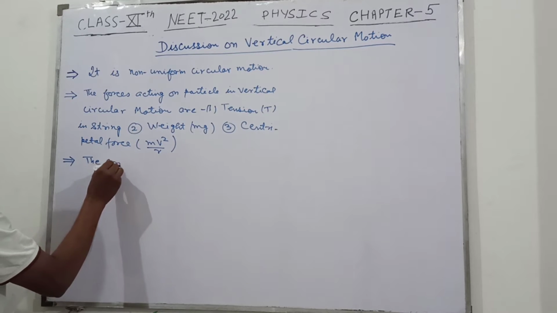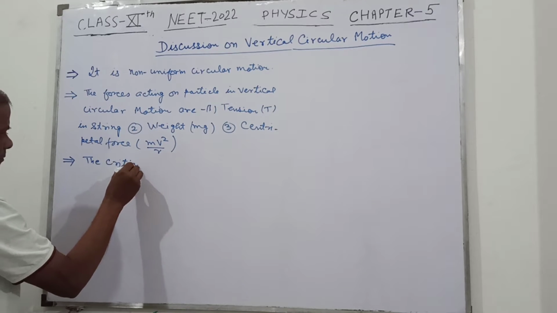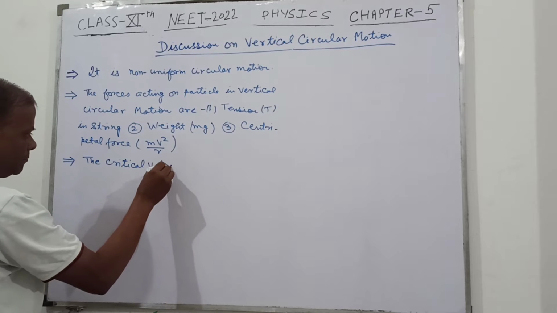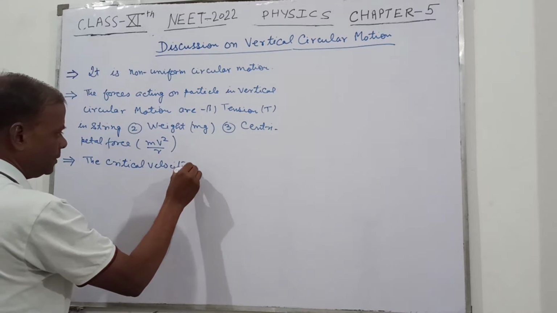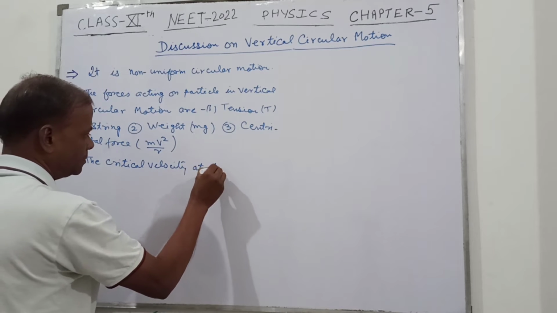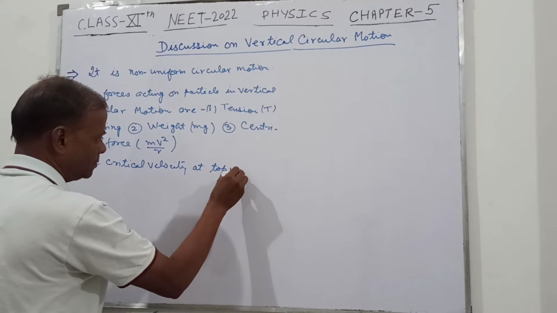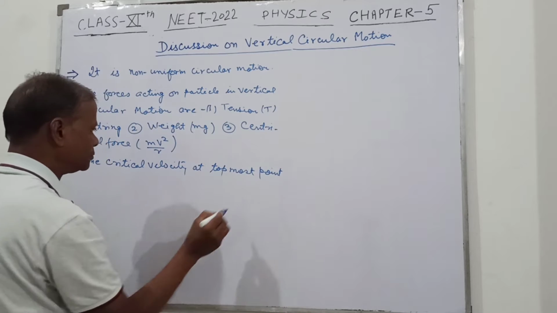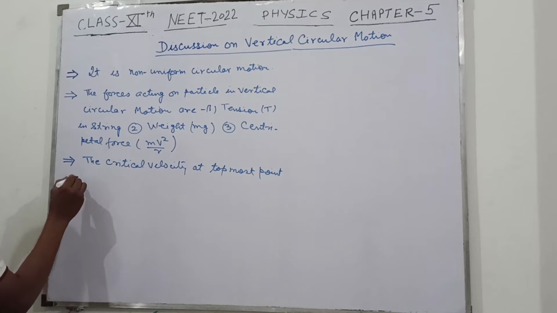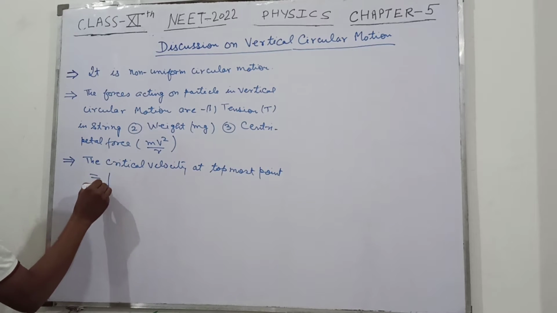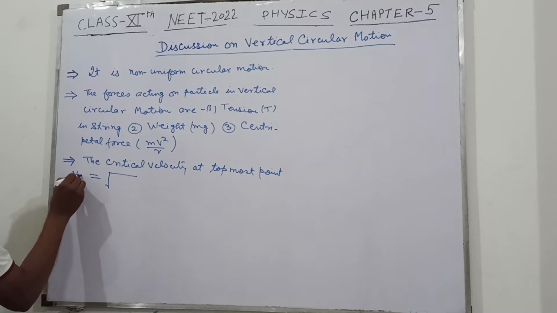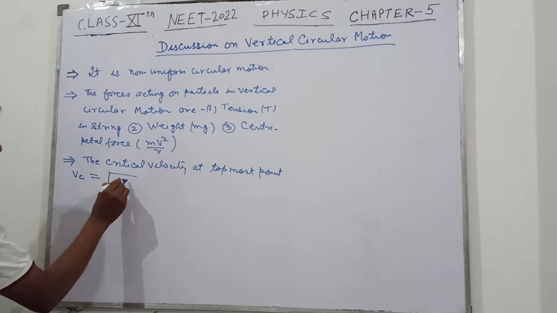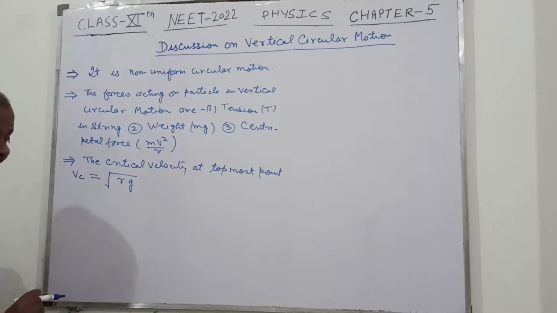The critical velocity at the topmost point is equal to square root of r into g.